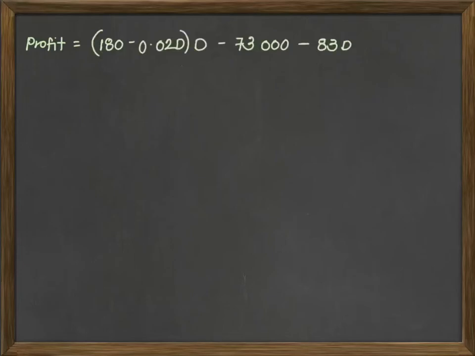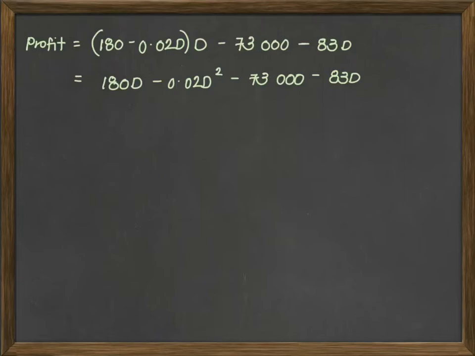So, yung price equation natin is 180 minus 0.02D. So, you multiply that by another D based sa ating previous formula. Minus the fixed cost of 73,000 minus the variable cost multiplied by demand. So, that's minus 83D. So, manipulating, that will be 180D minus 0.02D squared minus 73,000 minus 83D.